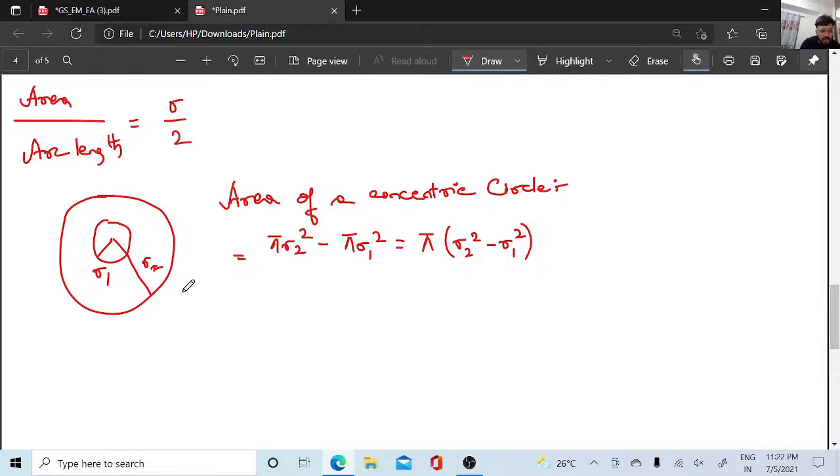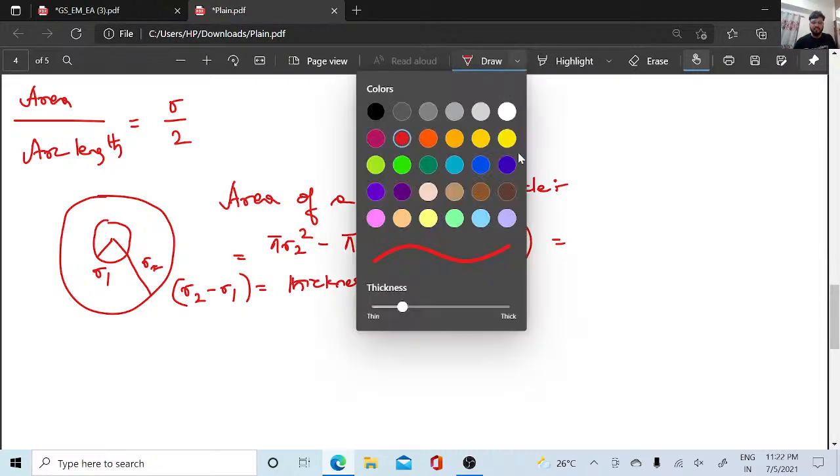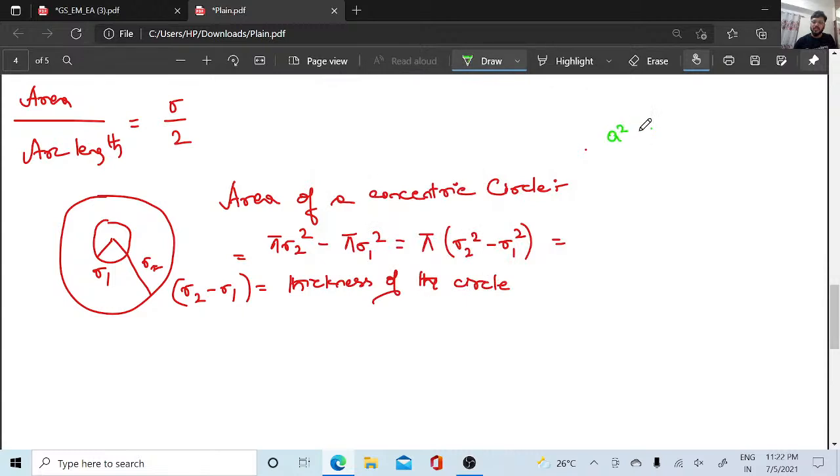And what is r2 minus r1 here? R2 minus r1 is nothing but the thickness of the ring. Instead of writing r2 square minus r1 square, you know our famous expansion: a square minus b square is a plus b into a minus b.